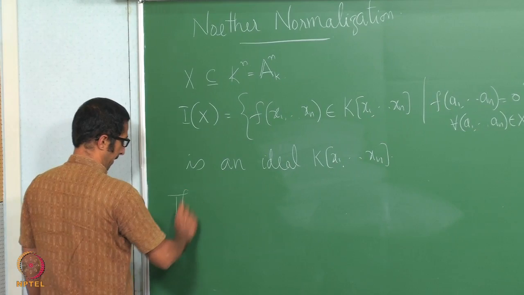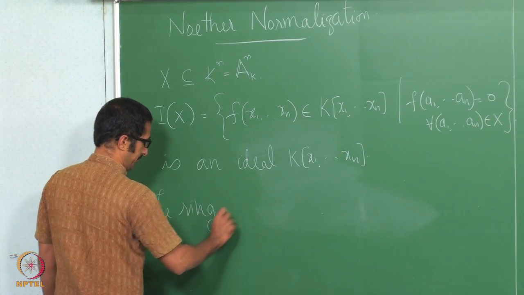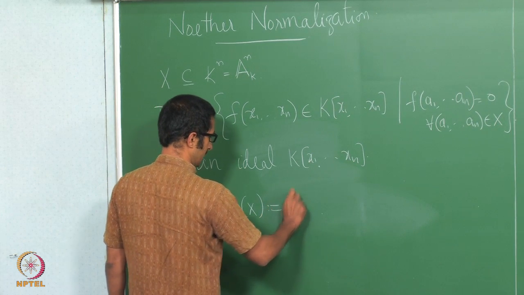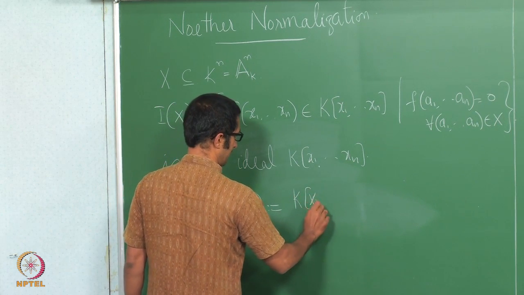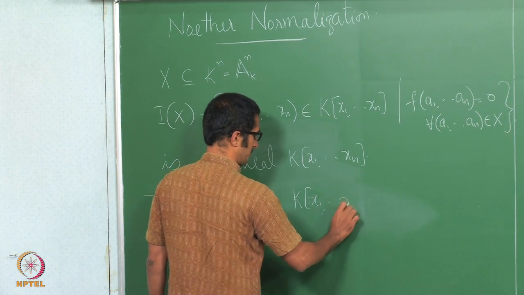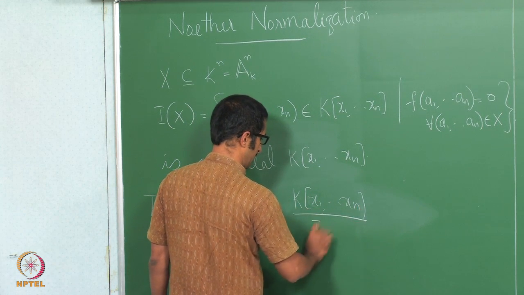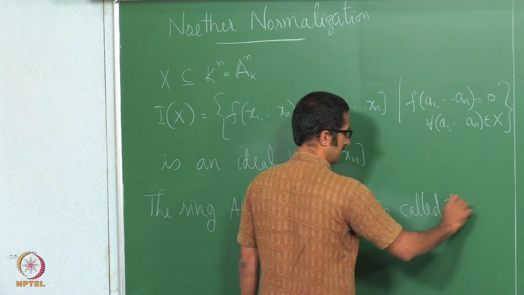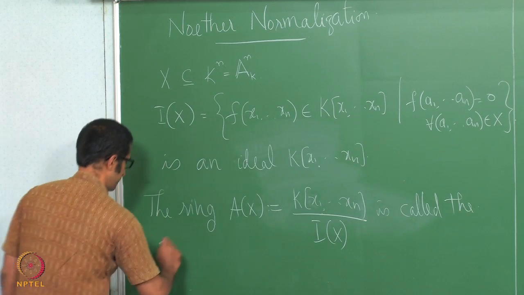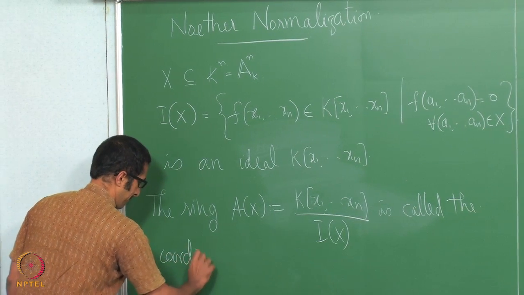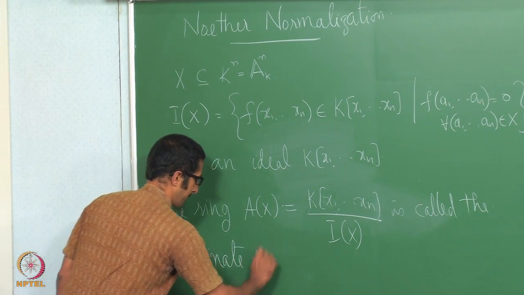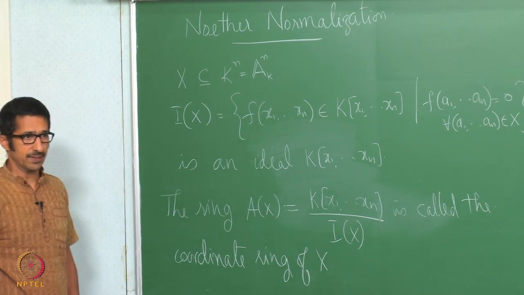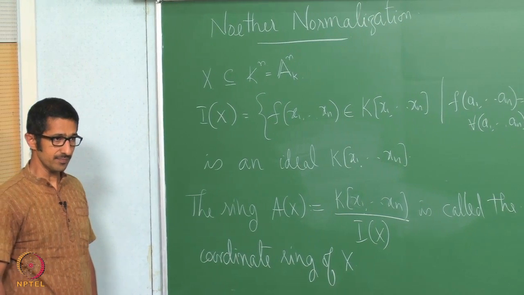The ring, usually denoted by A(X), K[x1, ..., xn] modulo I(X), is called the coordinate ring of the algebraic set X.